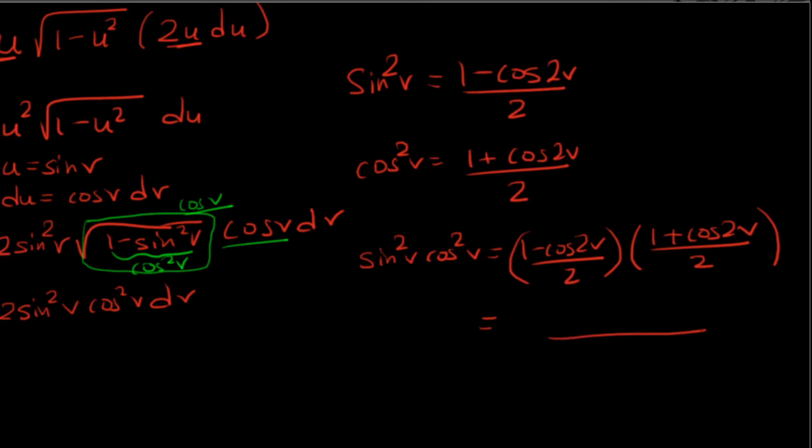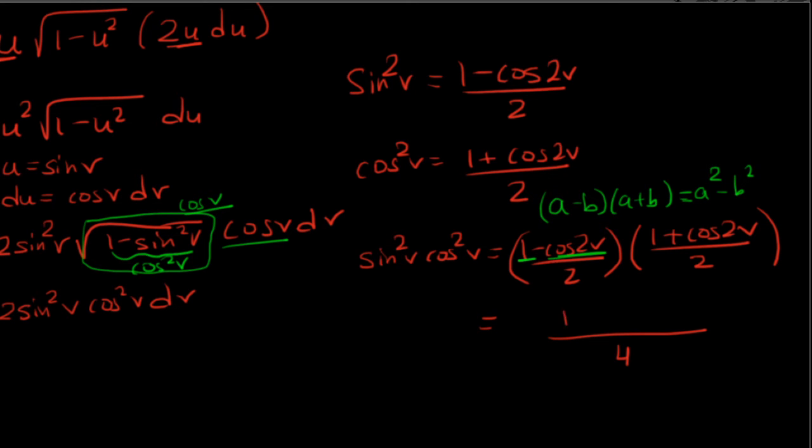In the denominator, we're going to have 4, because 2 times 2 is 4. In the numerator, we have a situation of difference of 2 squares. So it's going to be like a minus b times a plus b. Here, a is going to be 1. B is going to be cosine 2v. So that's just going to be a squared minus b squared.